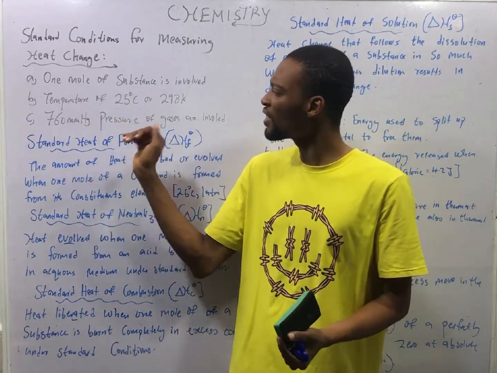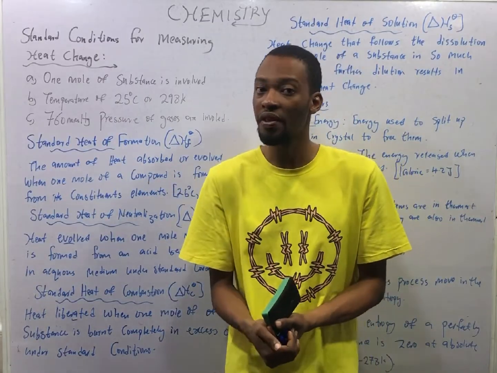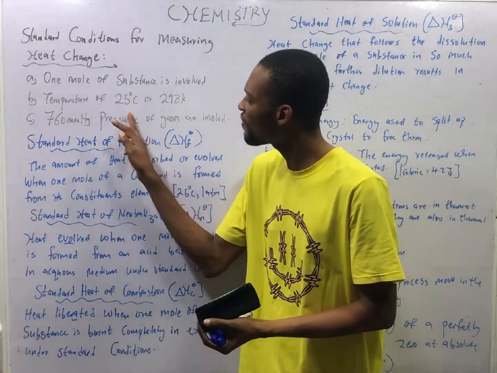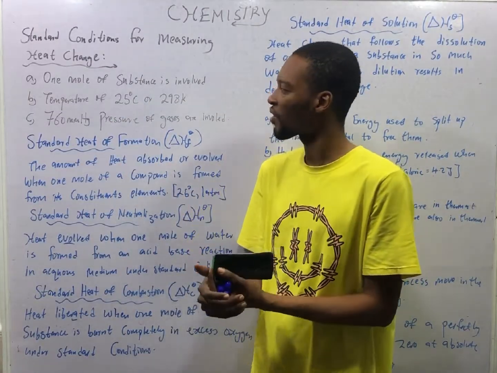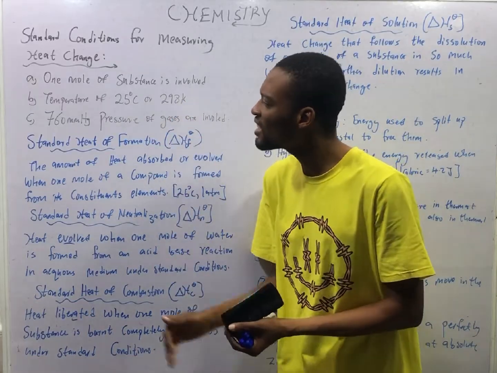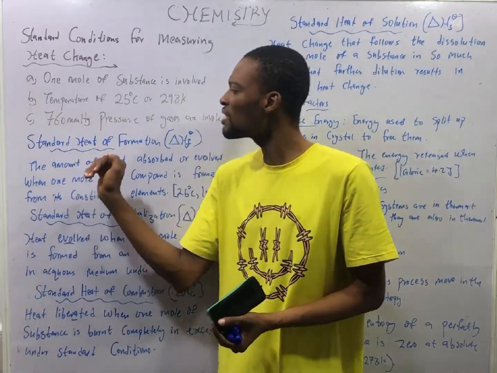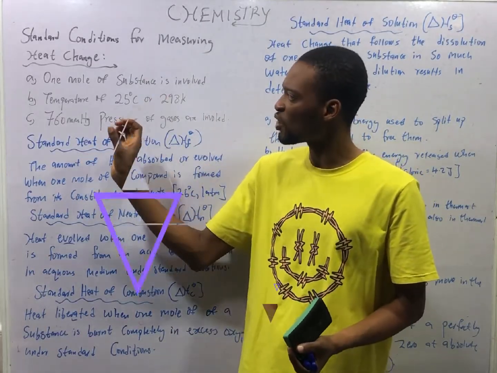To convert from degrees Celsius to Kelvin, we add 273. 25 degrees Celsius plus 273, that is 298 Kelvin. Then we need 760 millimeter mercury pressure of gases. This is a JAMB past question.